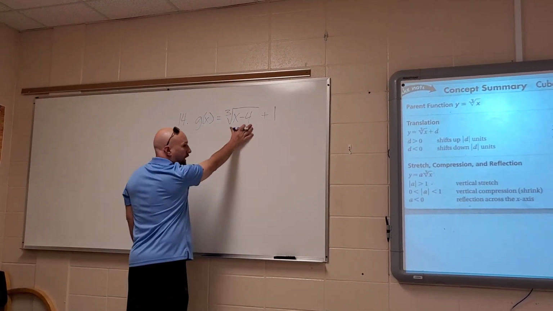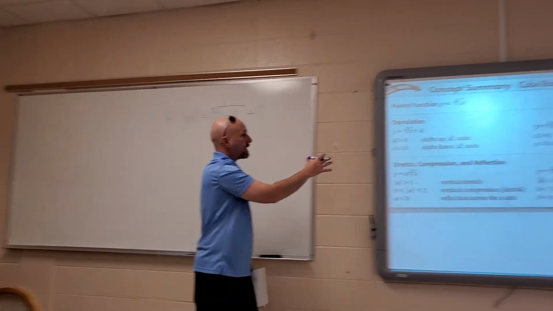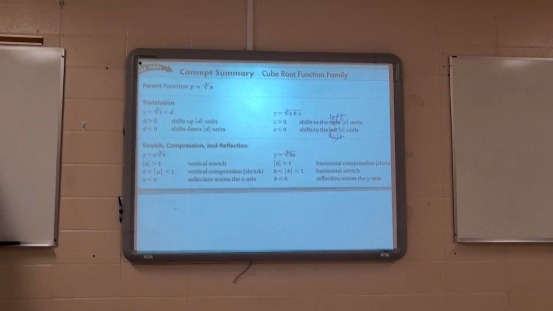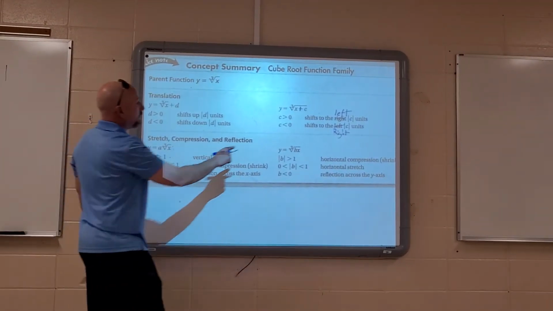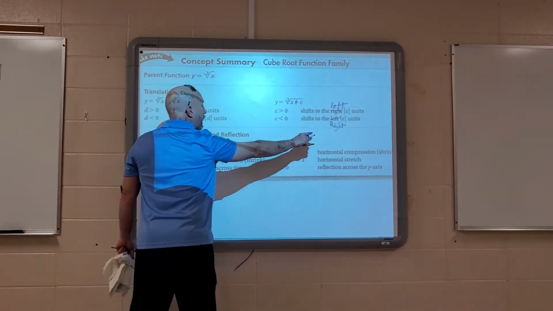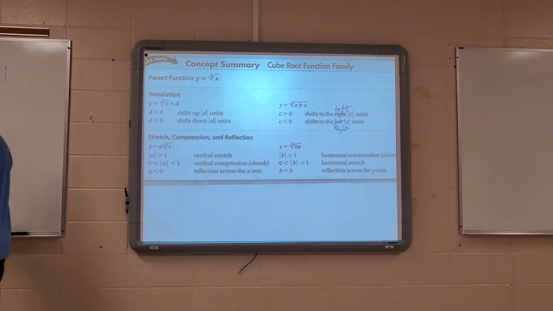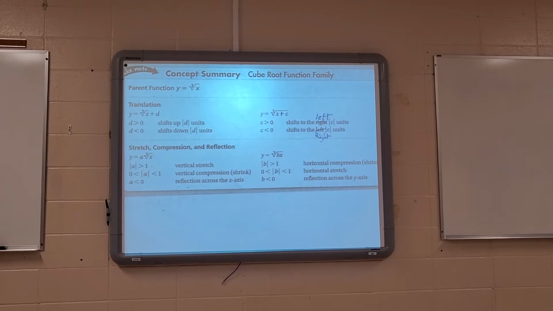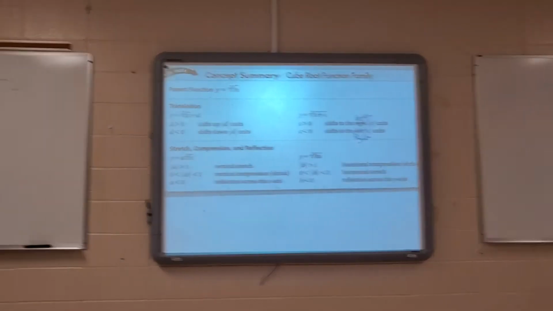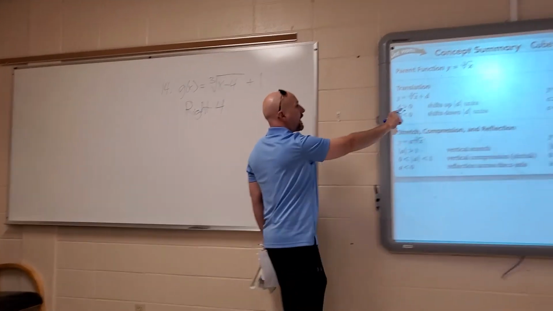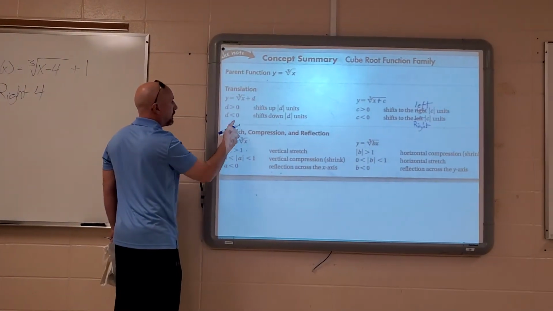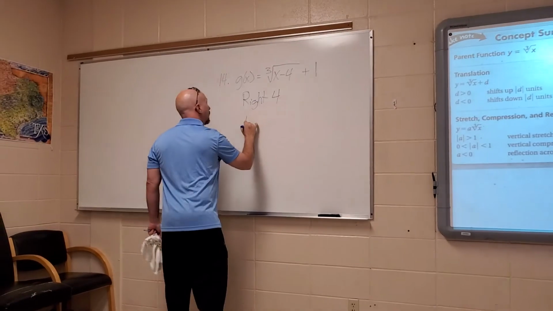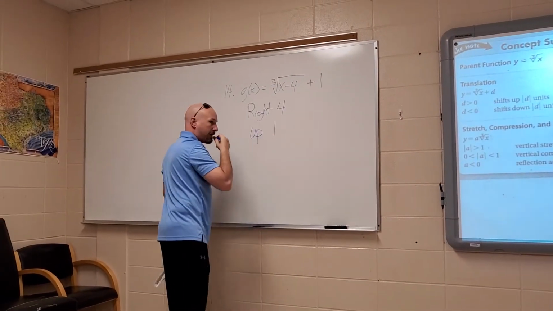We've got something under the square root. That's this one. So if it's minus, which it's minus 4, that's less than 0, so then it goes right 4. And then this plus 1, that's outside the square root. And so it's bigger than 0, so it goes up 1.